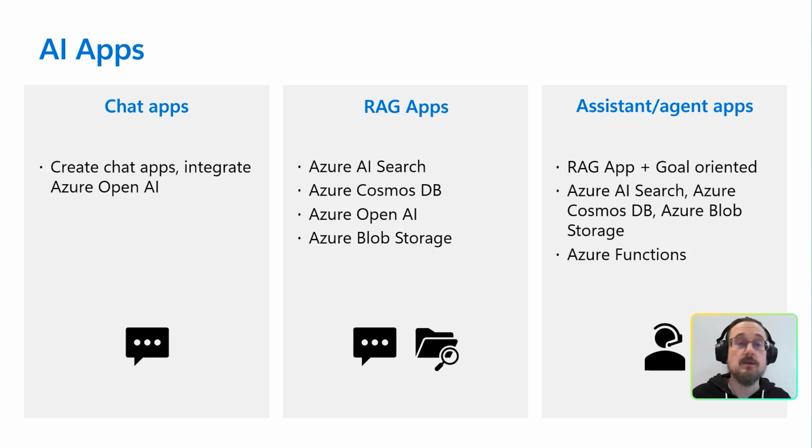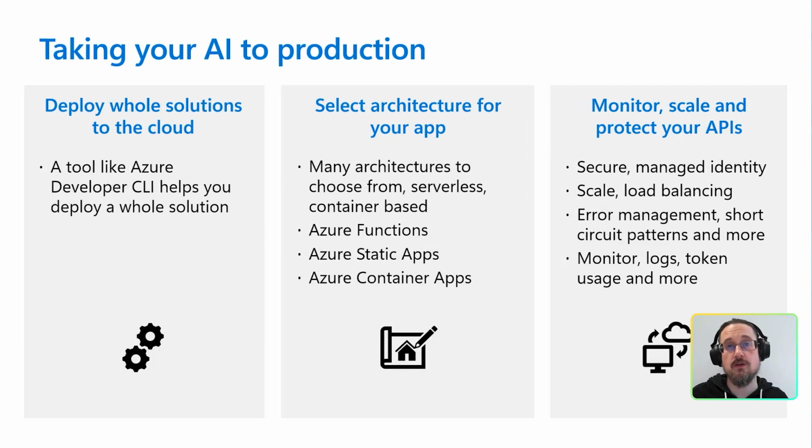And for all of that, in the cloud, we're going to use Azure AI Search, Azure Cosmos DB, Azure Blob Storage, Azure Functions maybe even, and some kind of agent-based framework. So you can see how there are different use cases. So find those services that you need for your use case.